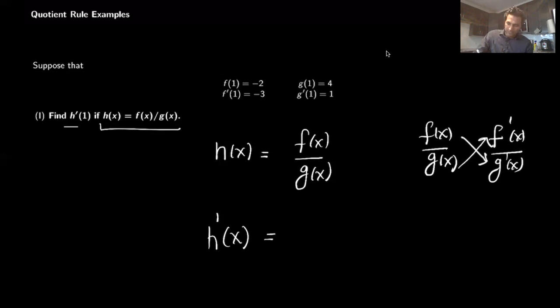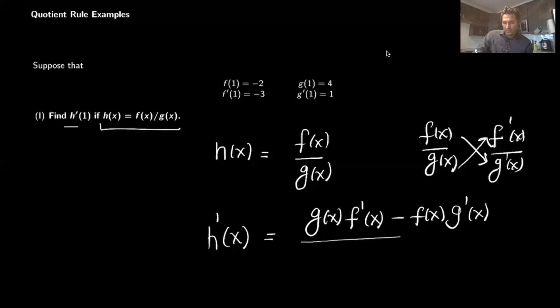Low function is g of x multiplied by the derivative of the high function f of x, minus f of x, which is the high function, multiplied by the derivative of the low function g of x, and the whole thing is divided by low, which is g of x, squared.